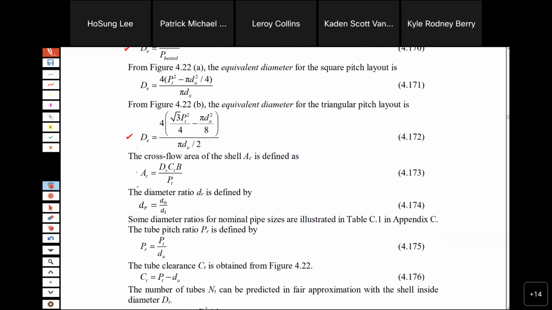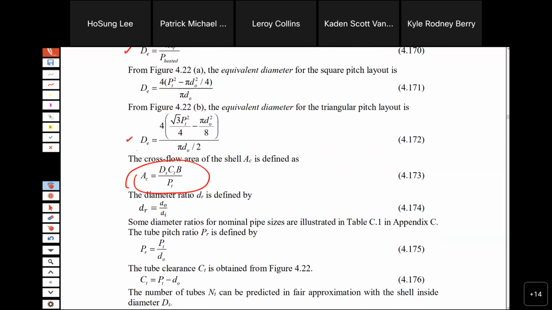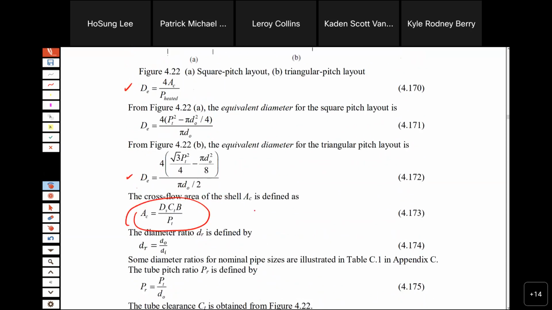The complicated part is the cross-sectional area. This is very complicated on the shell side. Tube side is, you know, the cross flow: it is the number of tubes times each tube area, and what is pi r squared?